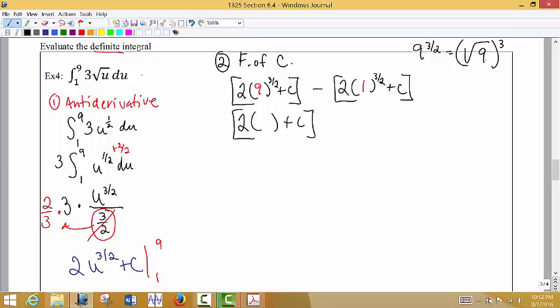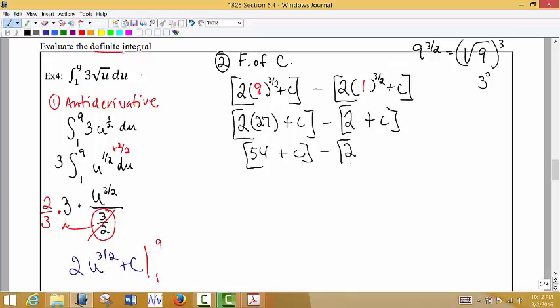The square root of 9 is 3. 3 cubed turns out to be 27. So we end up with 54 plus c, and then we're going to subtract. This was really nice and easy. The square root of 1 is 1, and then 1 cubed is 1. So we end up with 2 plus c.